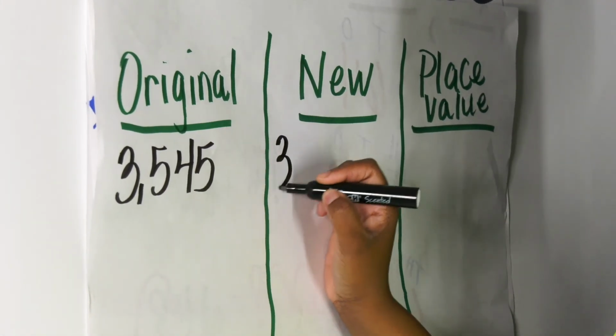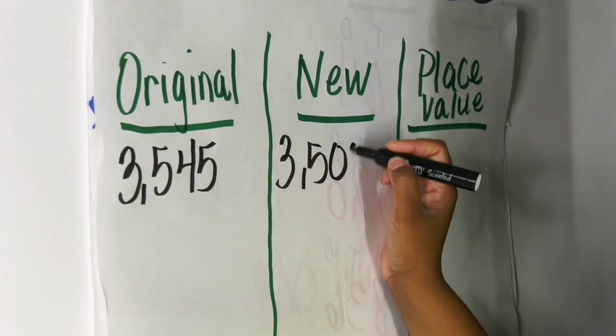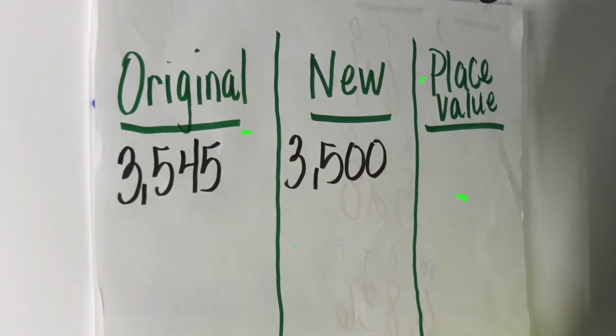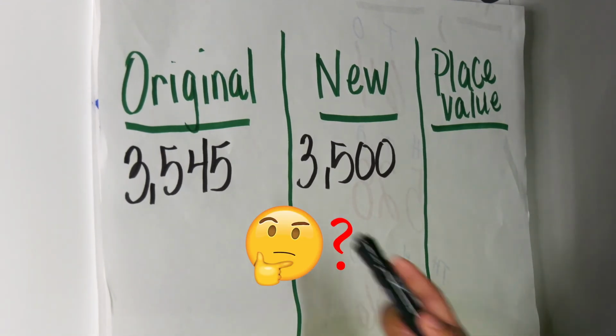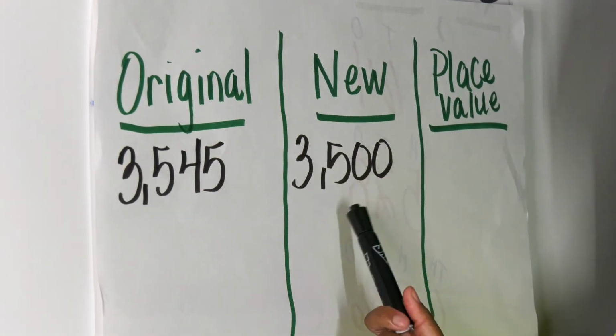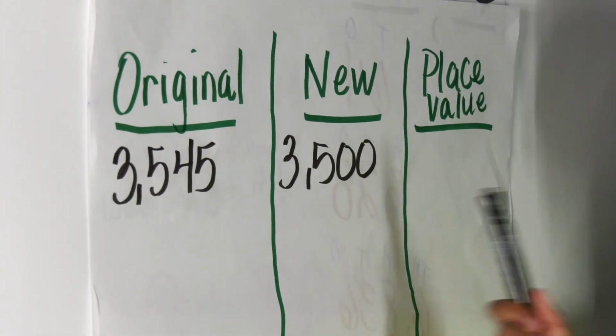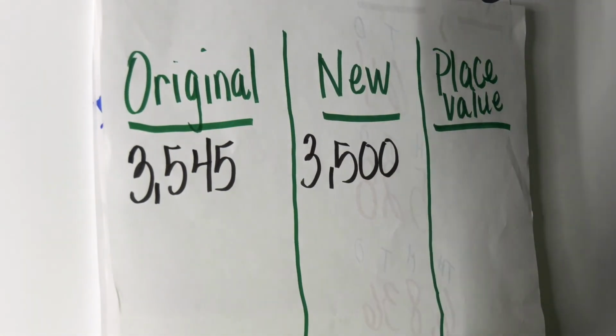It's going to become 3,500. So what we're learning today is what place value was our original number rounded to in order to get our new number. So we're going to practice. Okay, it's going to be a process of elimination here.